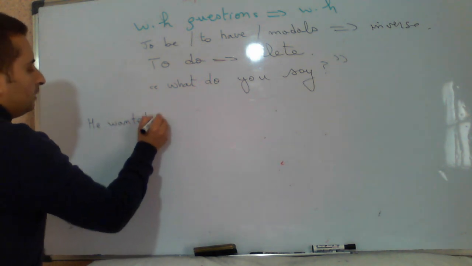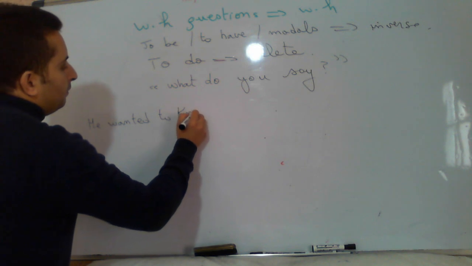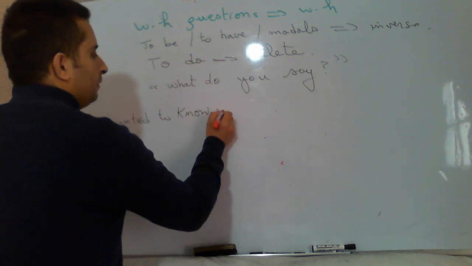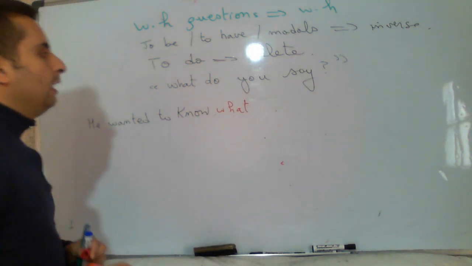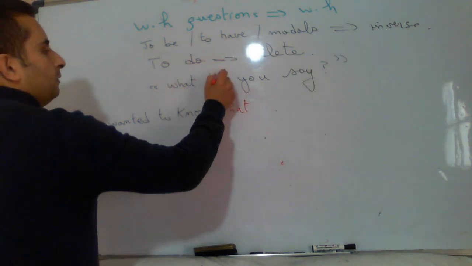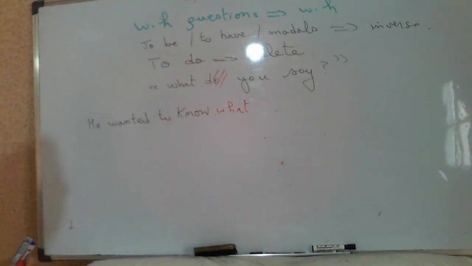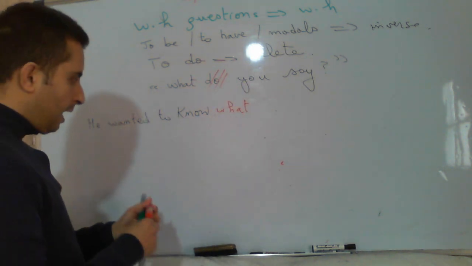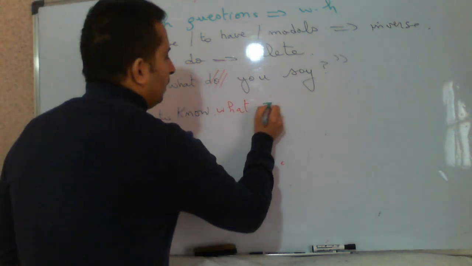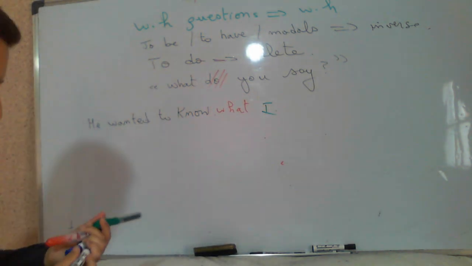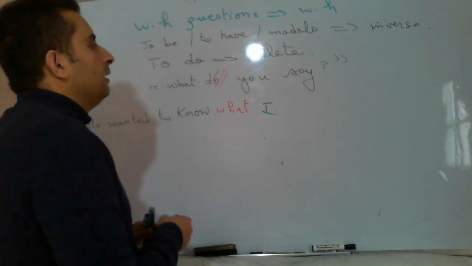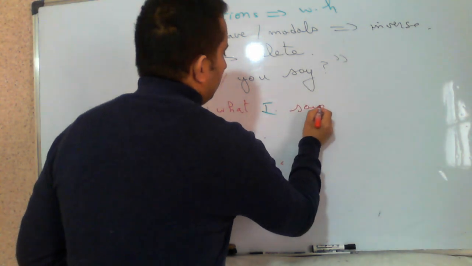He wanted to know. Okay, so we have a WH question. We use what. And when we have verb to do, we delete, but we have present. So here it becomes I. Okay. Say, it becomes simple past. What is it? It's said. Okay.